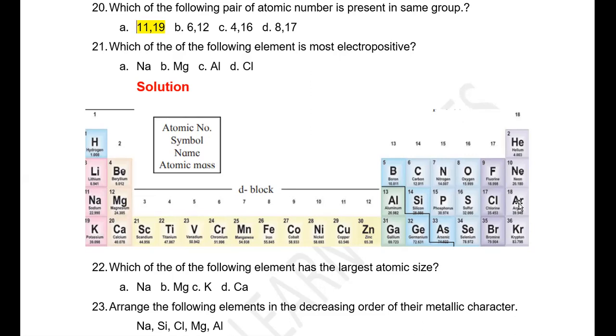So whichever element is on the leftmost side will be more electropositive. Sodium, magnesium, aluminium, chlorine all belong to period 3, and in this, sodium is the leftmost. So sodium is more electropositive. Option A is the correct answer.